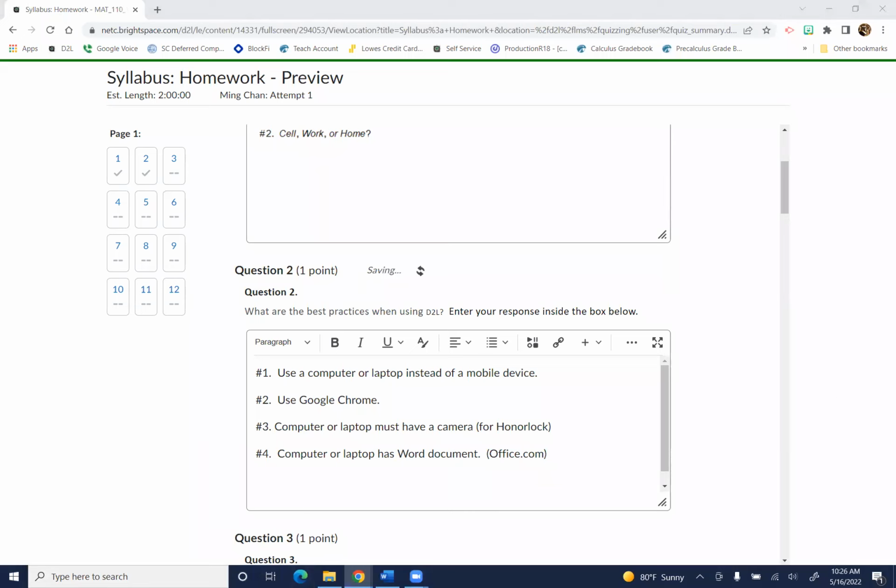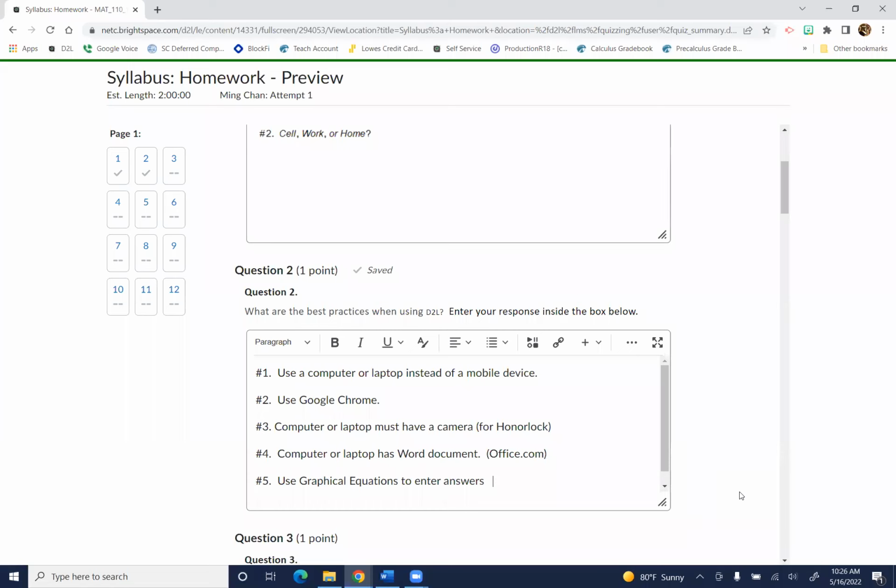And number 5, use graphical equation when you enter answers. These are some of the best practices for using D2L in this class. You've got to be very careful. A lot of students try to use their mobile device to do the work in D2L.